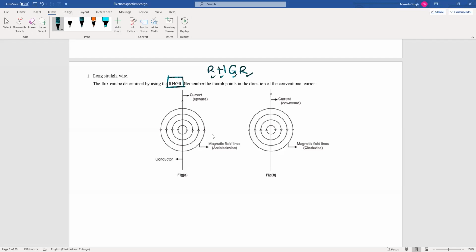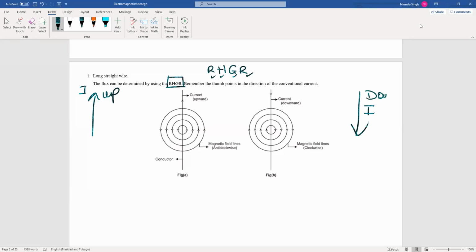Where if we took a wire, so we have here a long straight wire, and you have to know how the magnetic field behaves in a long straight wire. So we have here 2 instances. We have one where our current is going up, and 2 where our current is going down.